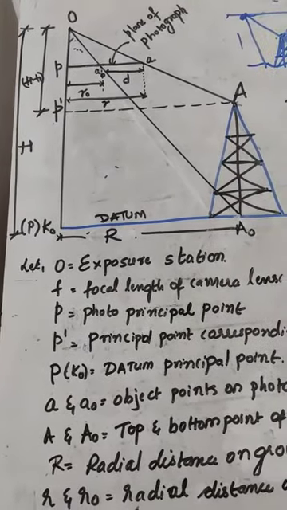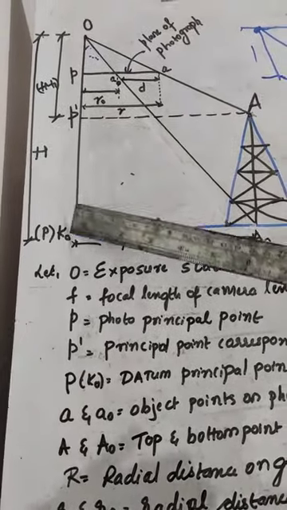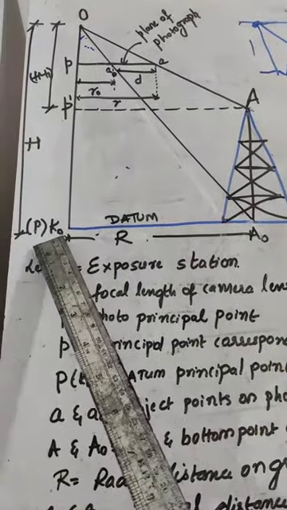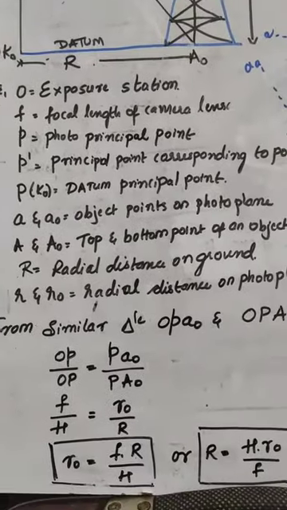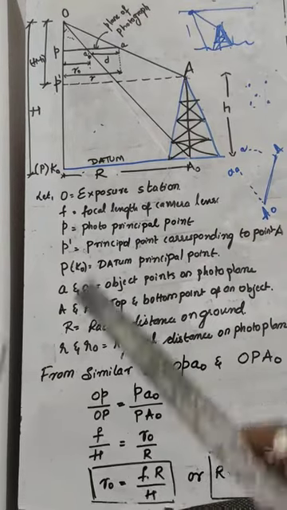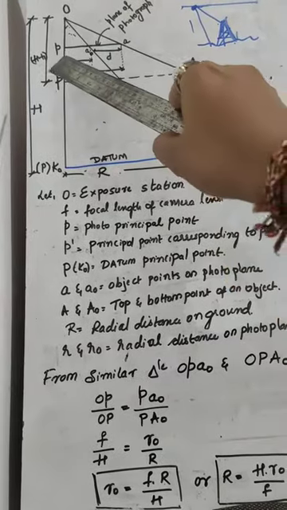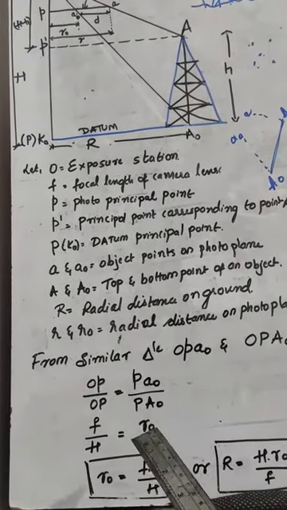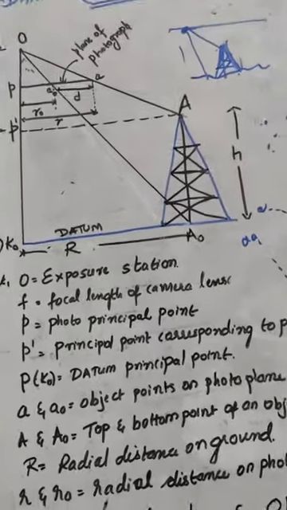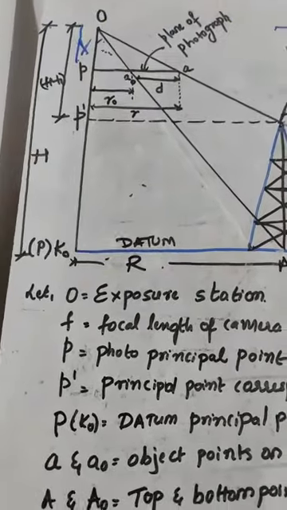According to similar triangles, we can write it as O small p by O capital P, and then p small a0 divided by capital P capital A0. You can see it here: O small p, O capital P, then p small a0, P capital A0. According to the diagram, this I have not mentioned here: this distance, the O small p distance, is taken as the focal length.